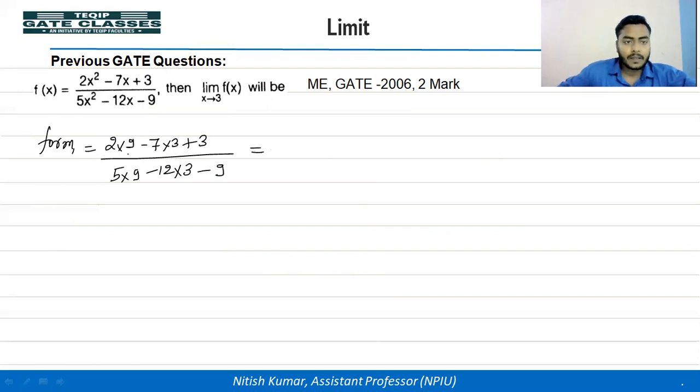What are we getting? 18 minus 21 plus 3 is 0, and then here also 0. So we are getting 0 by 0 form. So apply the L'Hopital rule.